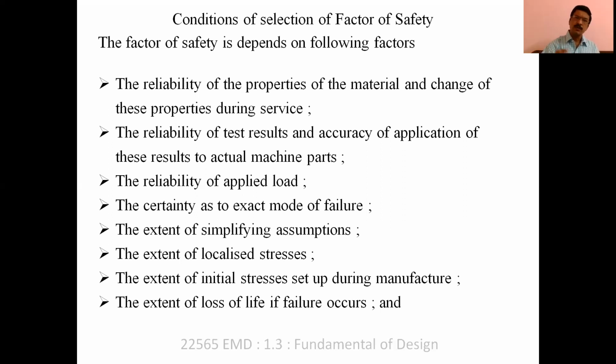The factor of safety is also directly related to what happens when failure occurs. If because of the failure of that particular component there is a loss of human life, or a loss of any living organism, then you should not go for a lesser factor of safety.